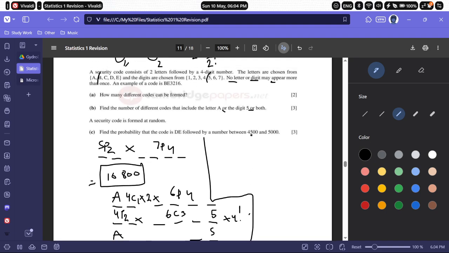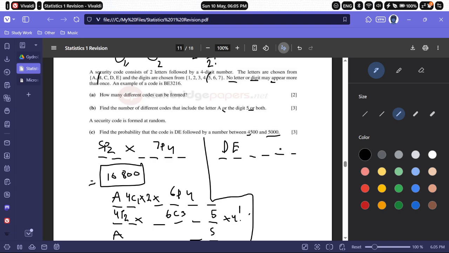Okay. So first of all, DE is fixed, right? You're already fixing DE over here. So DE would just be this. Now you have to think about the remaining four numbers. So again, it has to be between 4500 and 5000.